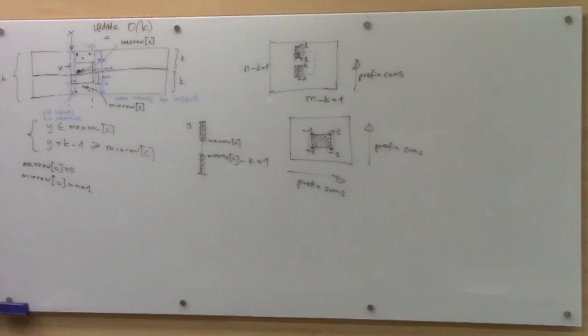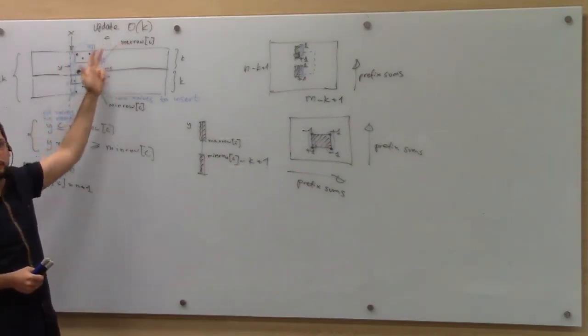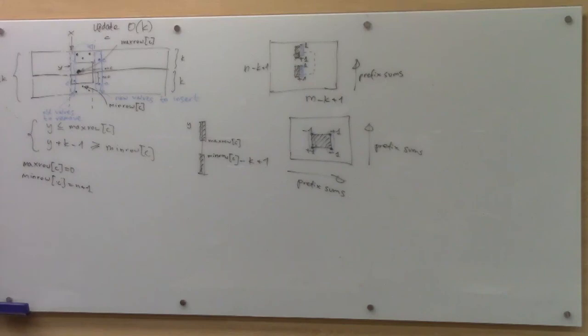And that means that we can do this update in constant time for every value which changes, and for value which does not change, we don't have to do anything. So the update of this process is proportional to k.